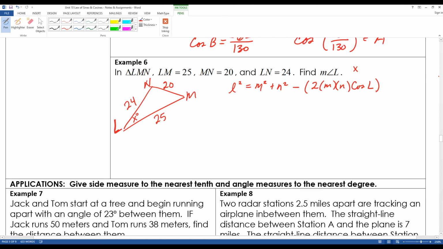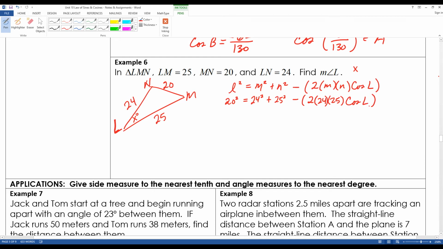Okay. Let's plug in the numbers. L is 20. M is 24. N, looking at the figure, is 25. Minus 2 times 24 times 25 times the cosine of L, which we're looking for.